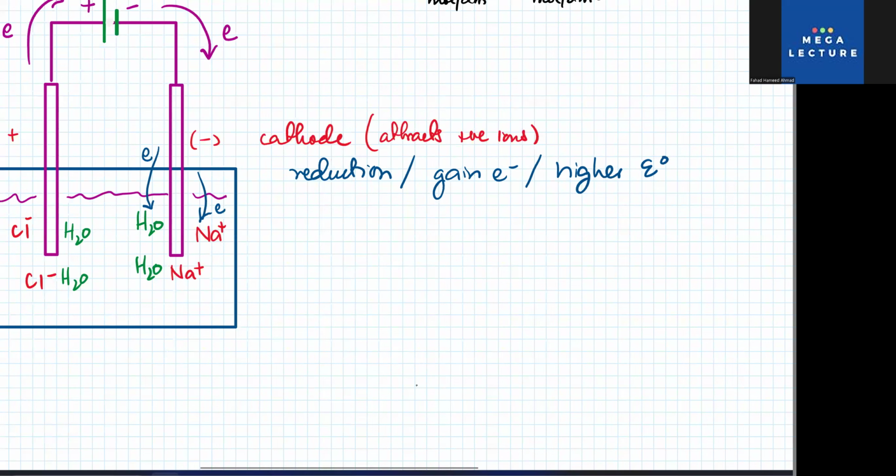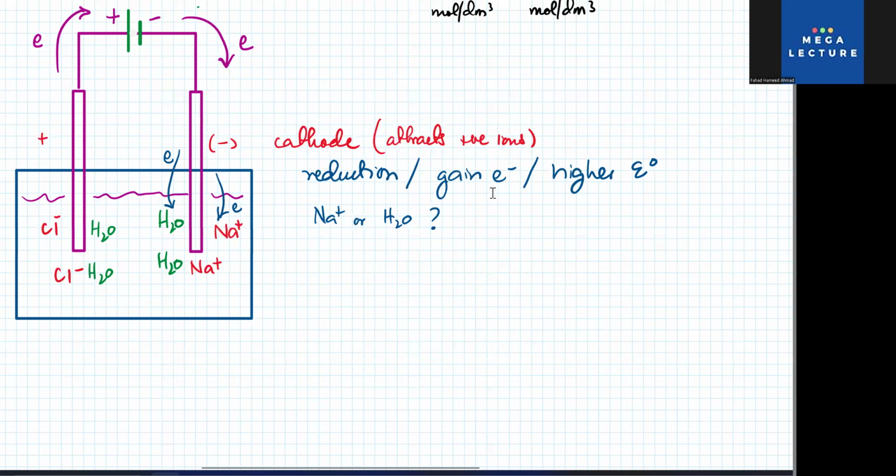So at your cathode, all you have to decide is who is going to gain electrons. Is it going to be Na plus one or H2O? You're going to open the data booklet and look for electrode reactions where Na plus one and H2O gain electrons.